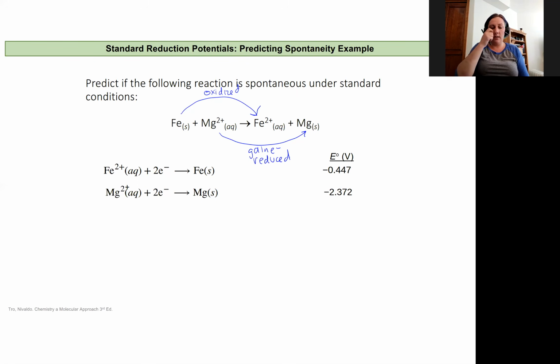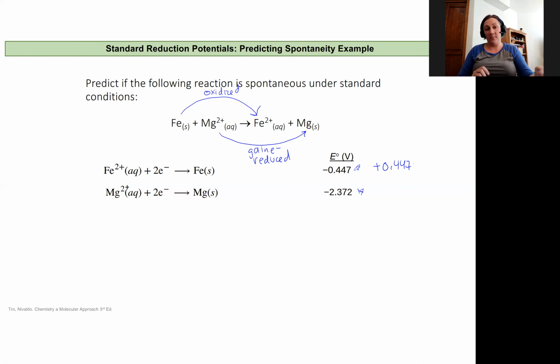So our magnesium is a more negative value than our iron reduction potential. So our iron oxidation potential is really plus 0.447. So just looking at where the magnesium falls, it's being reduced, but it's more negative than our iron. And so this is not going to spontaneously occur.